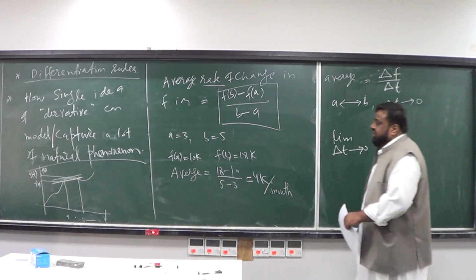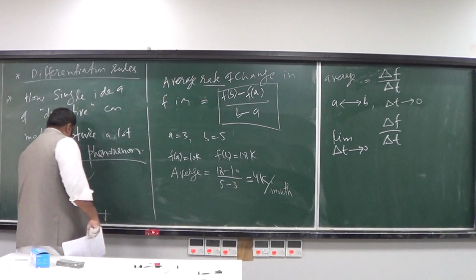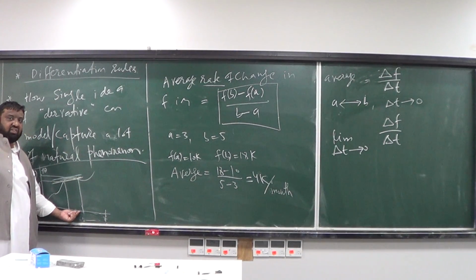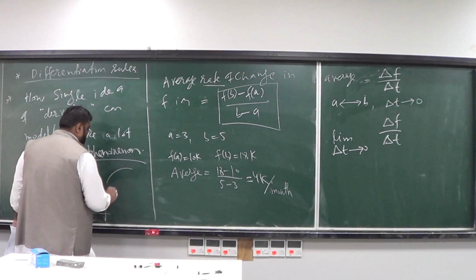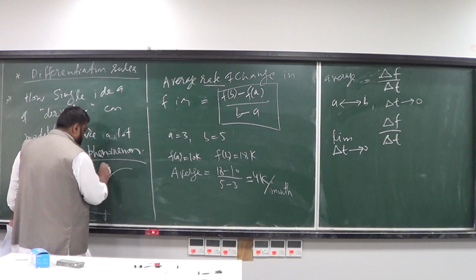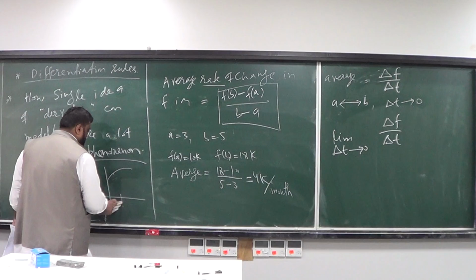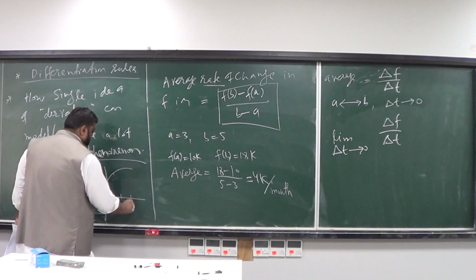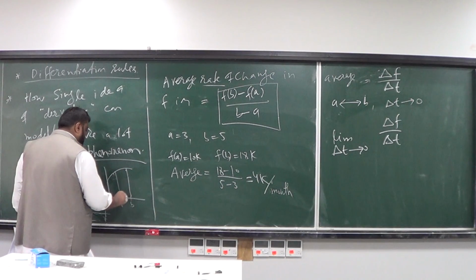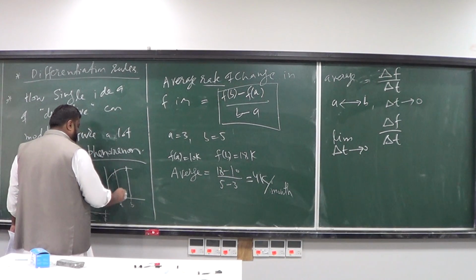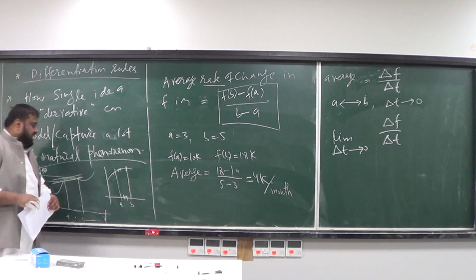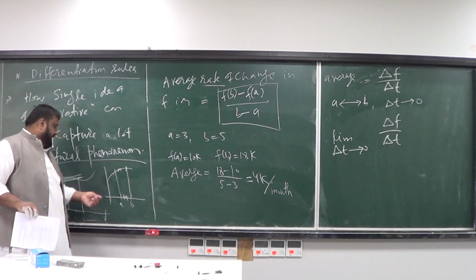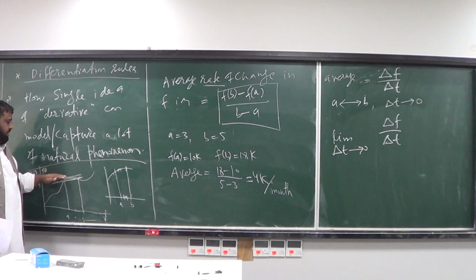Obviously, if the change in time is going to 0, in other words, these 2 instants are coming together, then, say I have these 2 points, A and B, and these 2 points are getting closer. If the inputs are getting closer, the outputs will get closer too. And when the inputs are really close to each other, this secant line will become a tangent line.